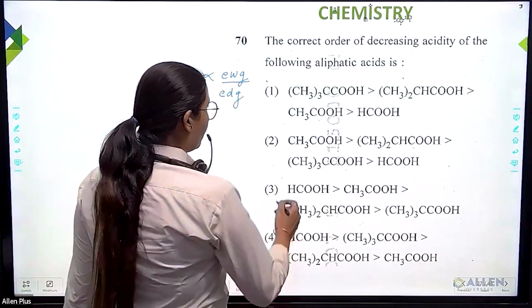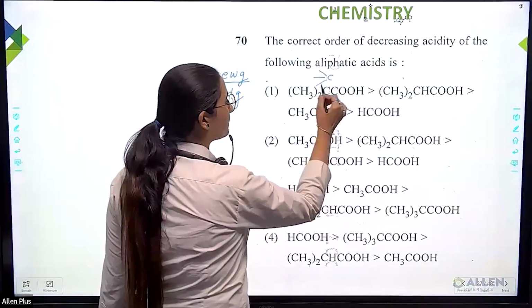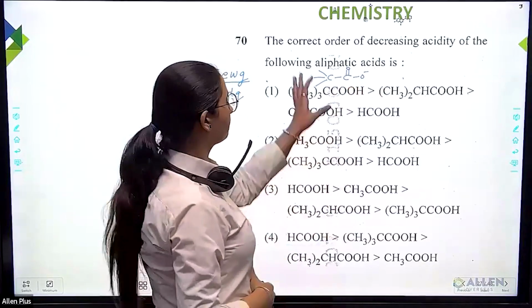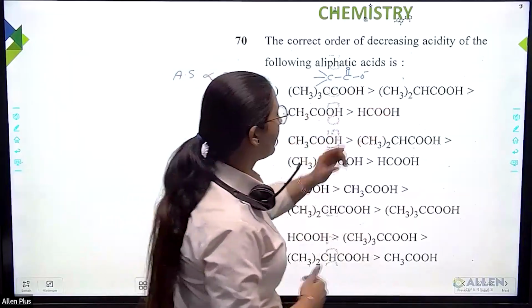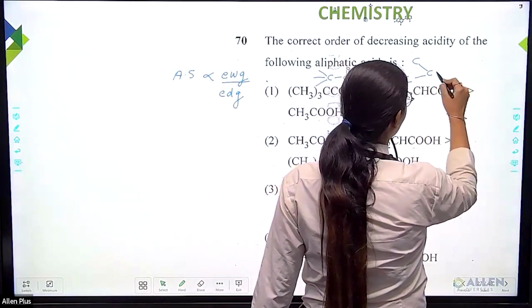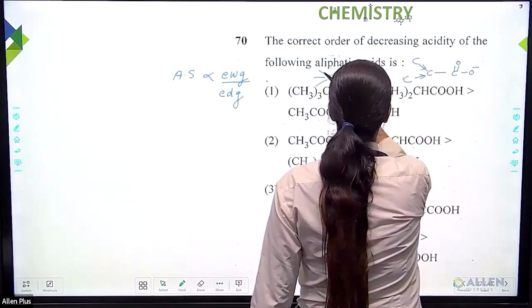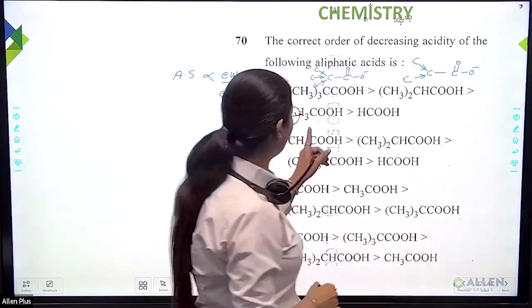Let's check. If I have this, that means C is attached to 3 methyl groups. Here the anion is least stable. Why? More plus I effect, correct? Next, here what do I have? 2 methyl groups attached. Plus I is still there, but less. Correct? Here 3. Here 2.